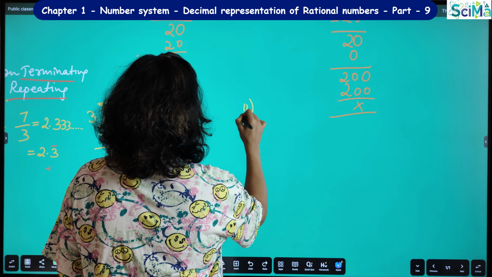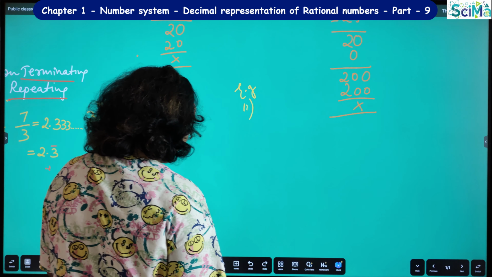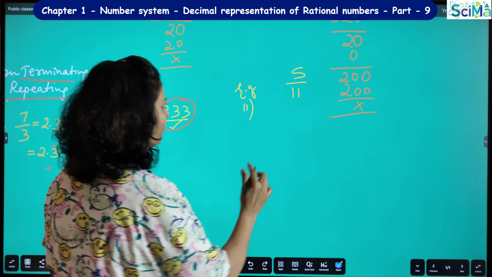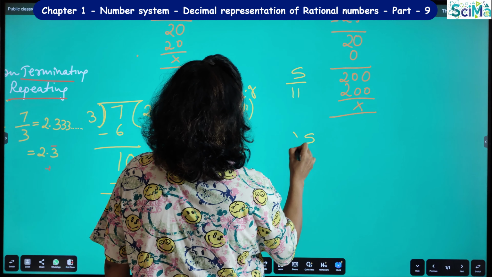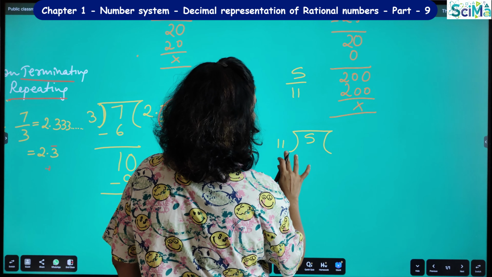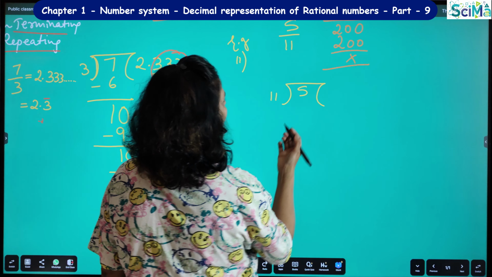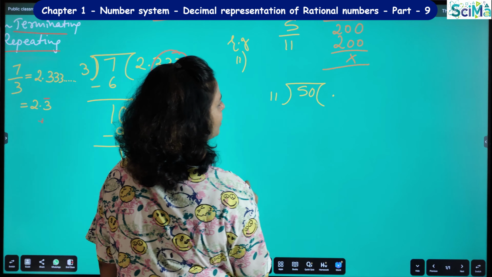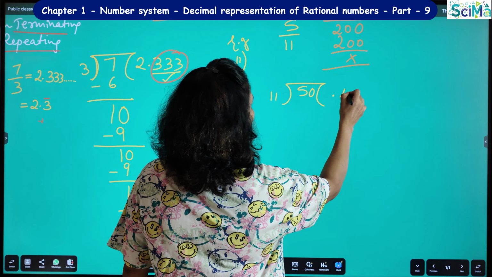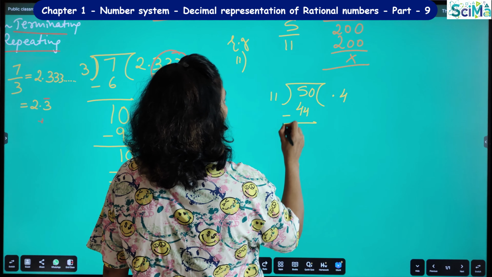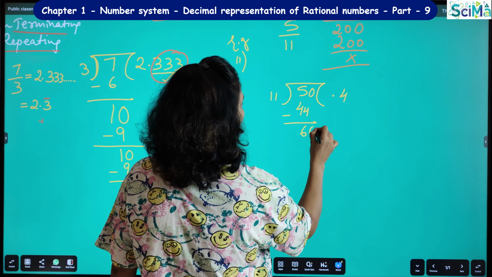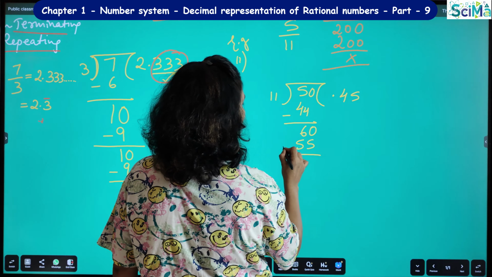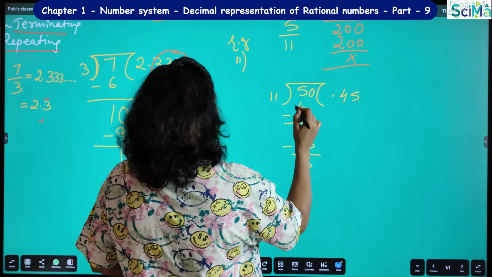One more example I can show you: 5 by 11. Let us see what we get. If I divide 5 by 11, we have to start with the decimal only, because 5 is less than 11, so we'll put a 0 here for the decimal. So 11 4s are 44, subtract, you get 6. For this you can put a 0, 11 5s are 55, we get remainder 5.